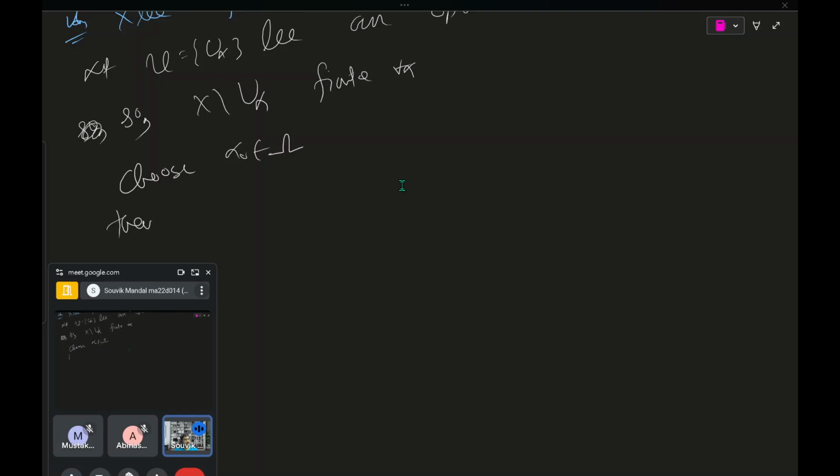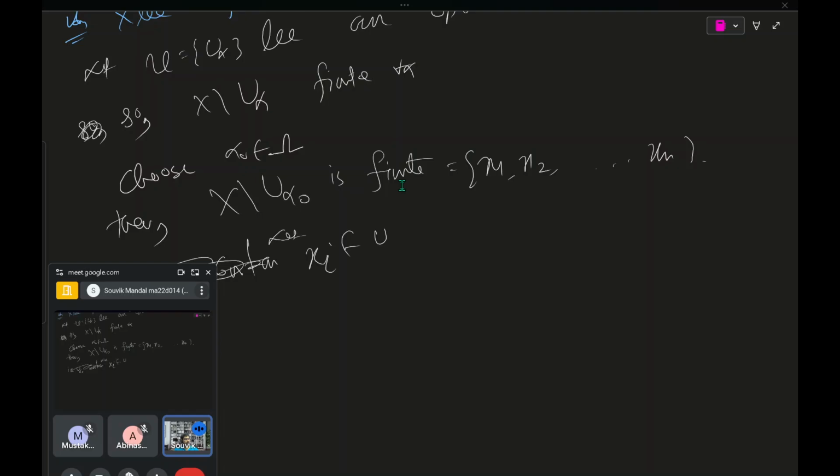Then X minus U alpha naught is finite. So let that set be x1, x2, up to xn. Now let xi belong to U alpha i. Then X equals U alpha 1, U alpha 2, up to U alpha n, together with U alpha naught.